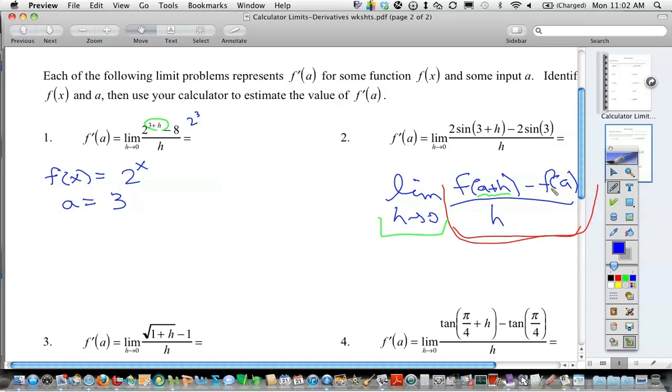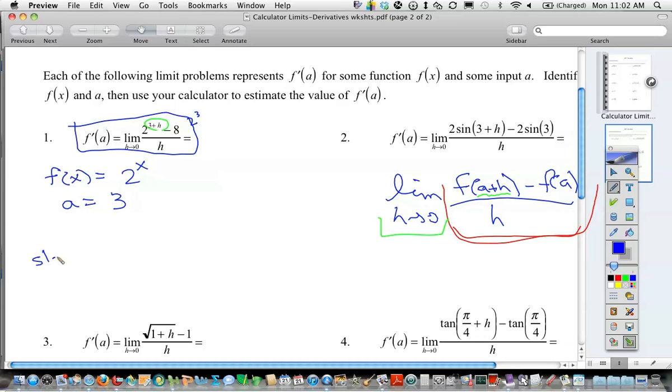That's f of a. So that's 2 to the 3rd, that'd be 8. So that makes sense. So what this limit is finding, now on this side then we're really kind of doing 2 things at once. What we're about to do is type this into our calculator to do the limit, and when we get an answer out, that number is not only going to be the limit, but it's going to be what?